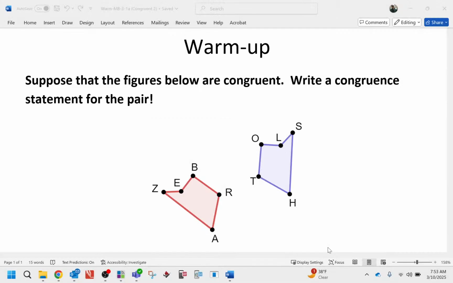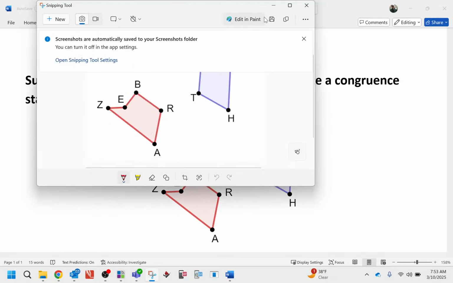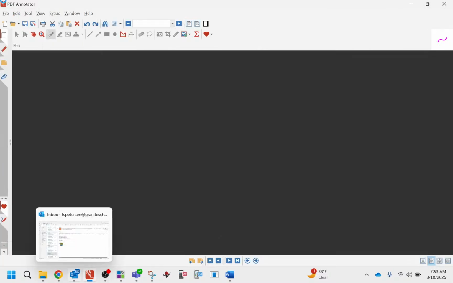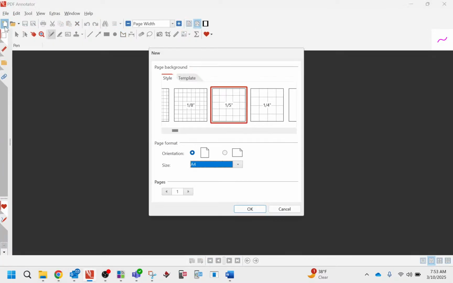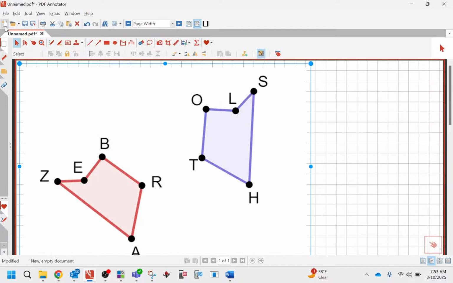Okay. Let's see here. Clip that. Open that. So, Huibing, which of these figures did you want to start with? Okay.